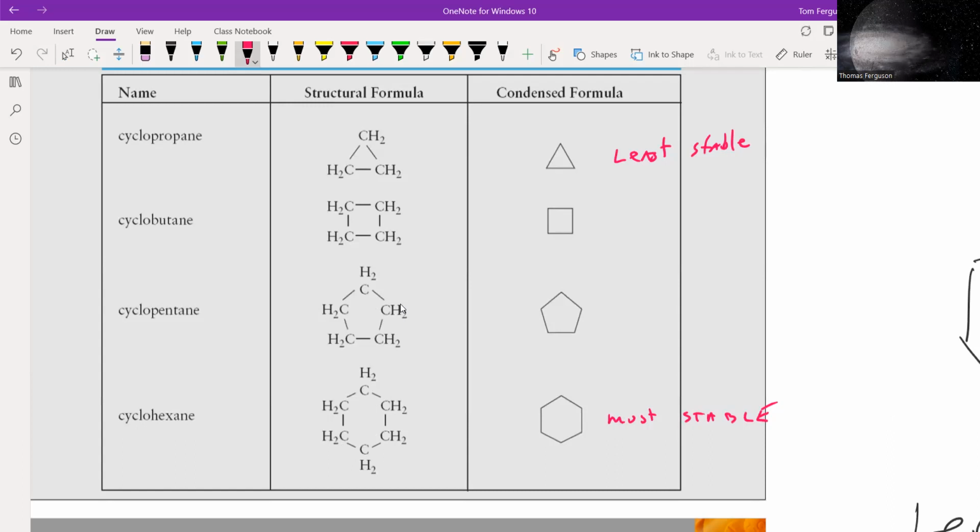We're going to find this in carbohydrates. Carbohydrates spend most of their time in the cyclic form. They open up, but most of the time it's in a cyclic version. And even if it has nitrogen or oxygen, it's still the 6-sided figure that is the most stable.